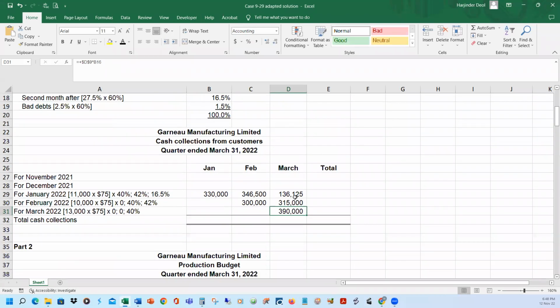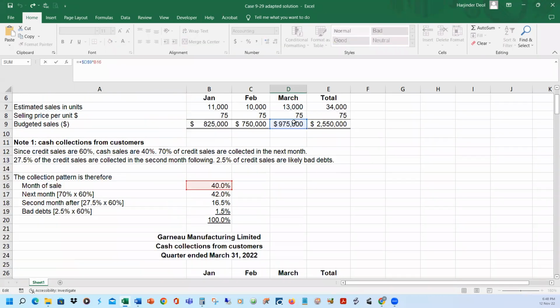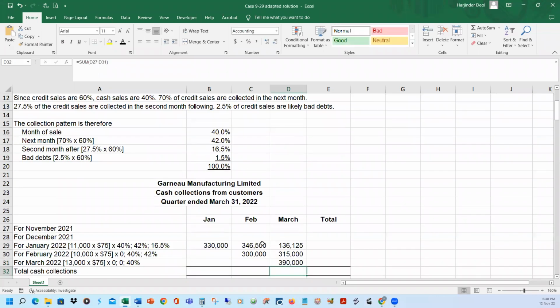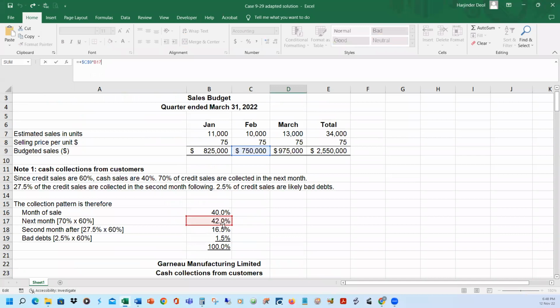Now, it's an interesting pattern to note. We consider what happens in March itself. We're collecting 40% of sales that took place in the month of March. We are also collecting in the month of March 42% of sales that took place in February, because March is the month following February, and so we collected 42% of the sales that occurred in February.